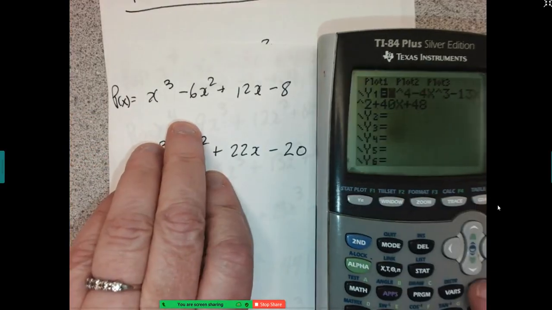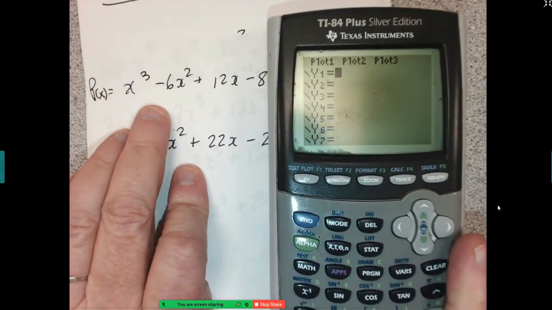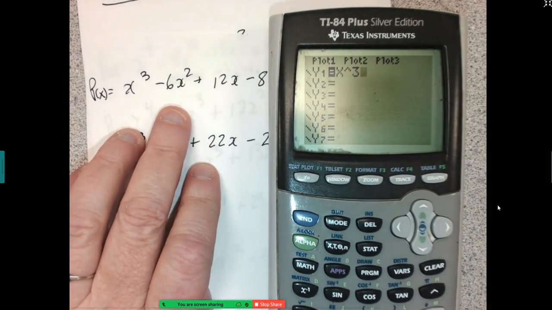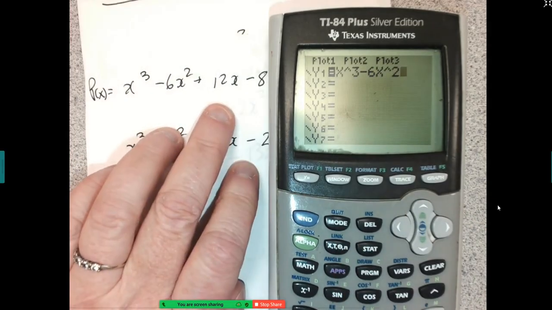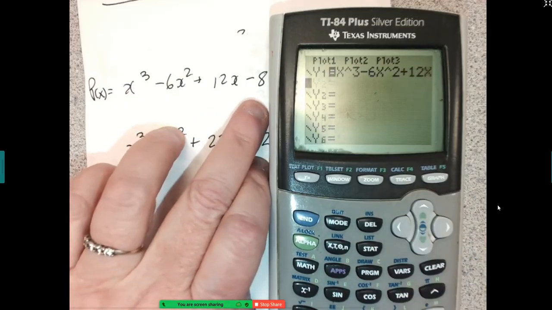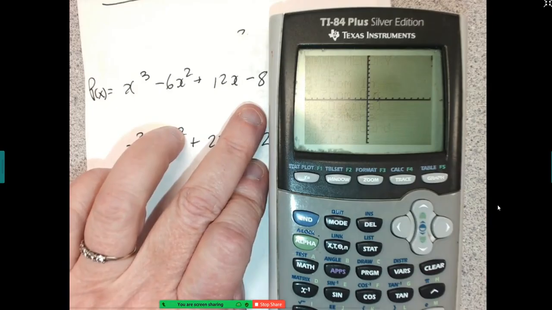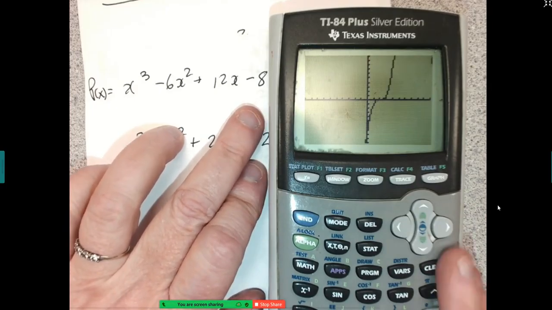And let's clear this out, and let's put that in our calculator. So x cubed minus 6x squared plus 12x minus 8. And I'm going to do a zoom 6 on that. Okay.